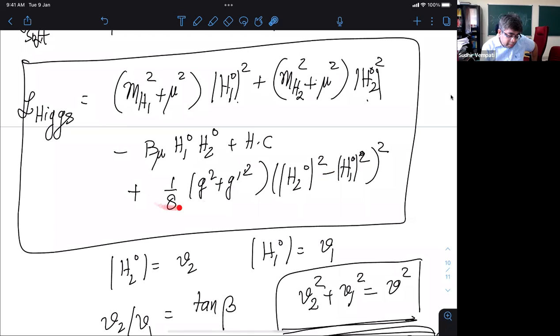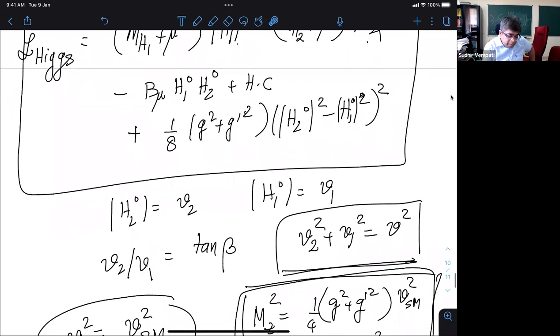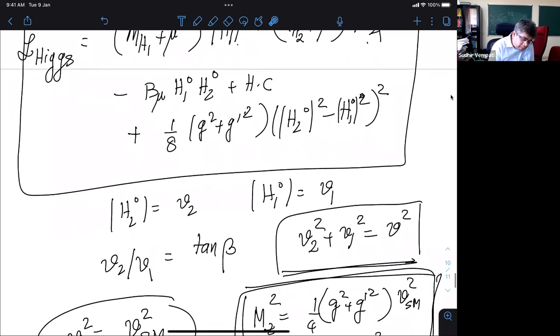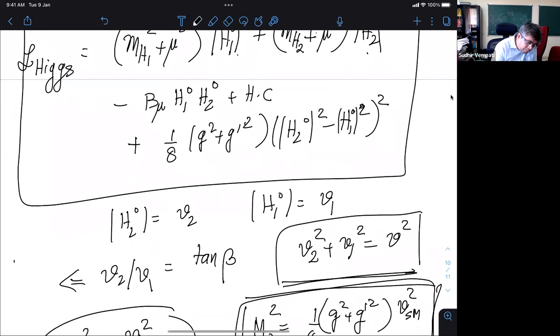And this is just 1 by 2 mz square v square. The moment I substitute everything here, v2 is equal to v sin beta, and v1 is equal to v cos beta.